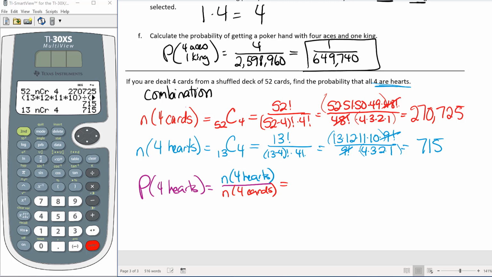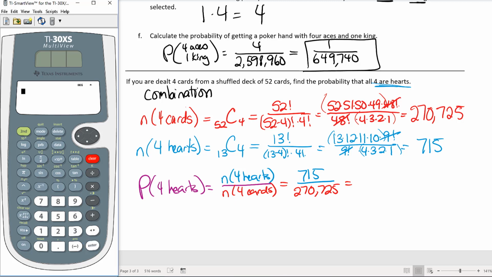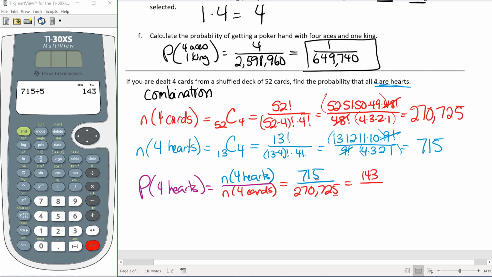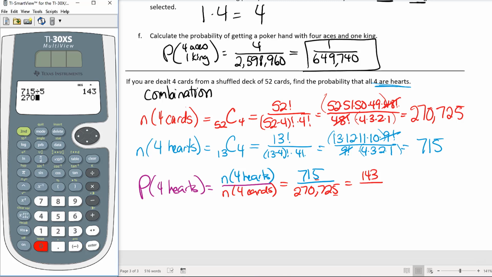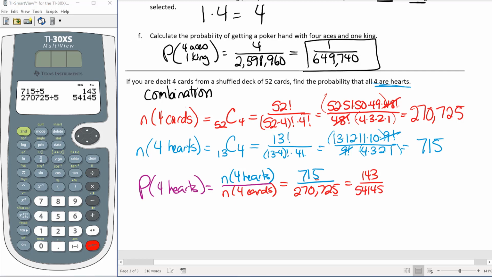which is going to be 715 over the 270,725. Now I believe this reduces, so clearly because they both end in 5, I can divide both. 715 divided by 5 is 143, and 270,725 can also be divided by 5. 54,145, and I think I can divide again.